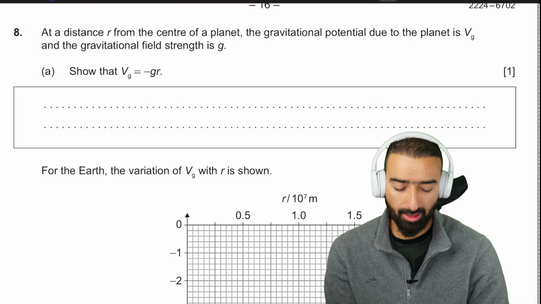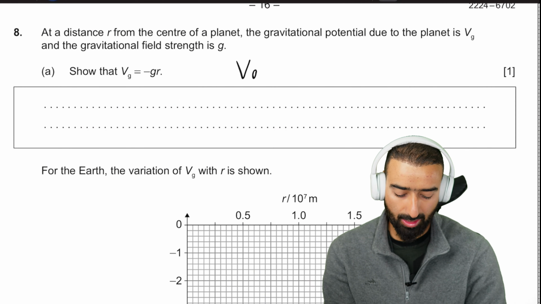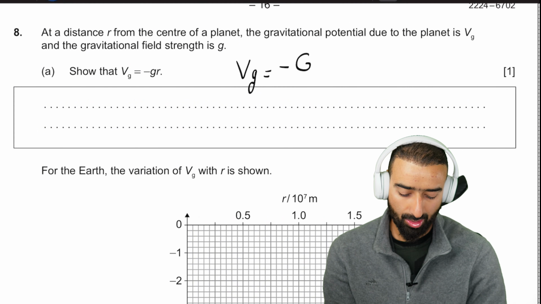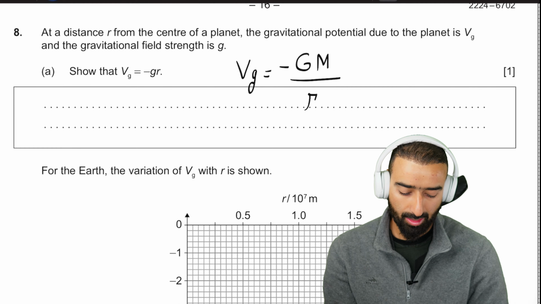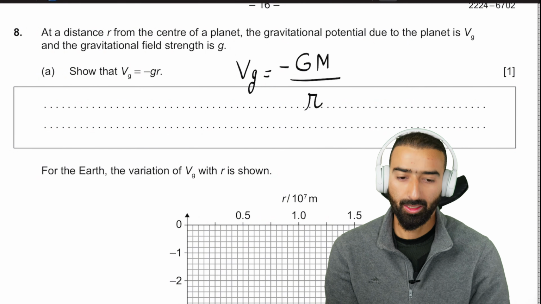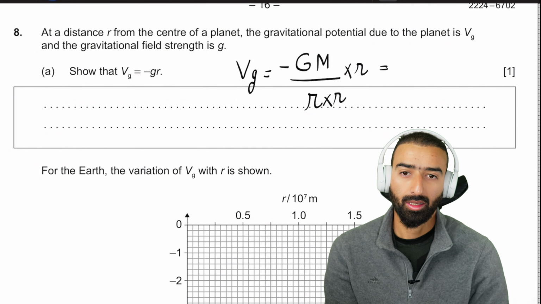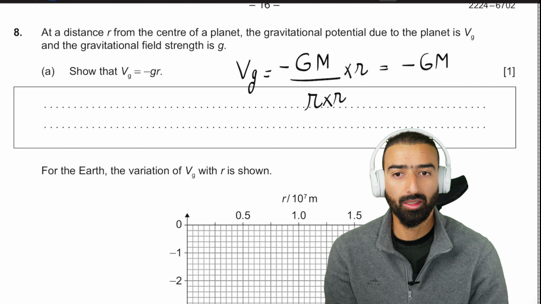Well, let's write the equation for the gravitational potential. The equation for gravitational potential is minus G, mass of the planet, divided by the distance. If I multiply the denominator and numerator by r, I can rearrange this and I get minus GM over r squared, times r.